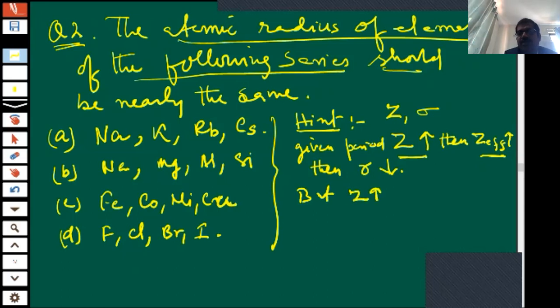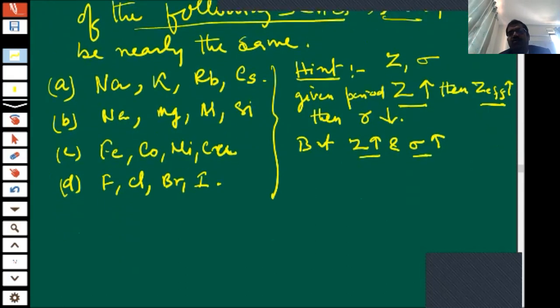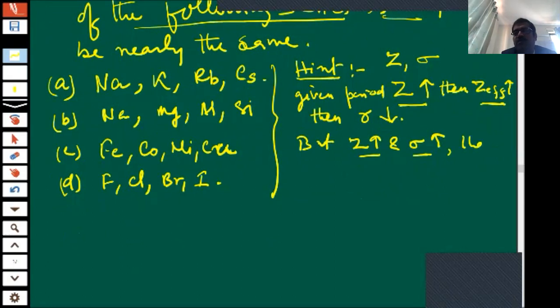if Z increases and sigma, the screening constant which we calculated through Slater's rule, also increases, then what happens? As sigma increases, radius also increases. This is trying to decrease the radius, and this is trying to increase the radius.